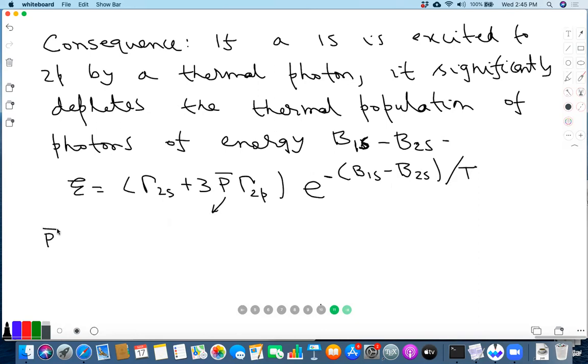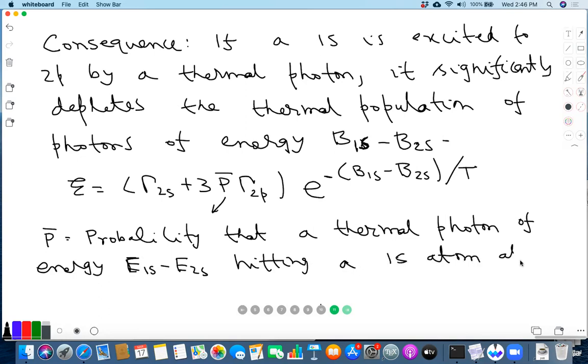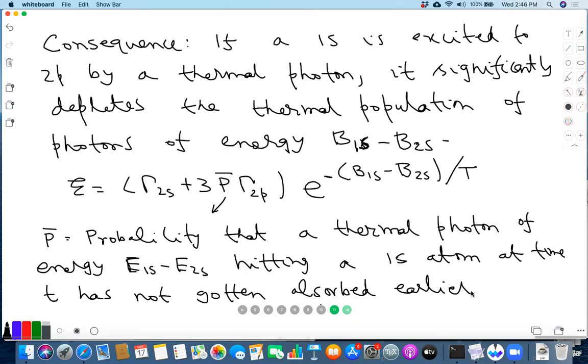P bar is a probability that a thermal photon of E1s minus E2s hitting a 1s atom at time t has not gotten absorbed earlier due to 1s to 2p transition.